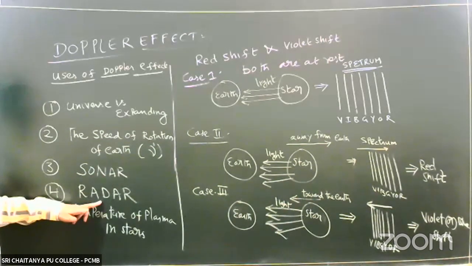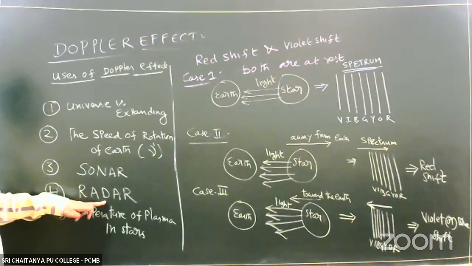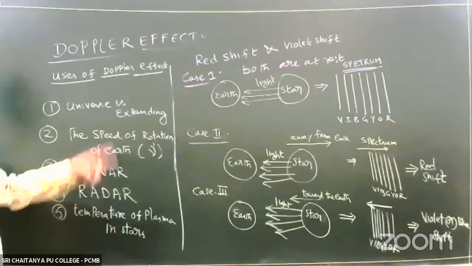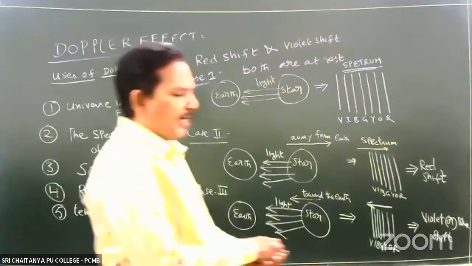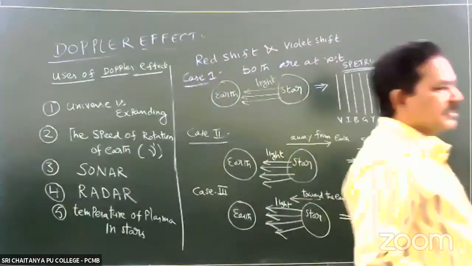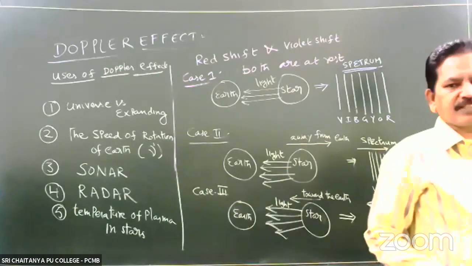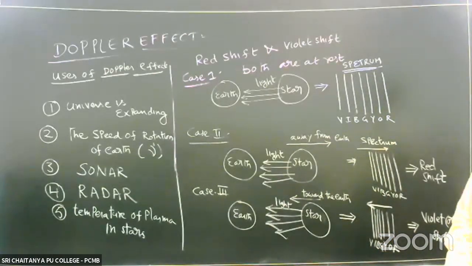Radar about space, airplanes, helicopters, rockets, satellites. What is their position? What is their velocity? Can be identified by calculating nu dash, apparent frequency. Lastly, we can find out the temperature of the celestial bodies, stars, by knowing the wavelength.